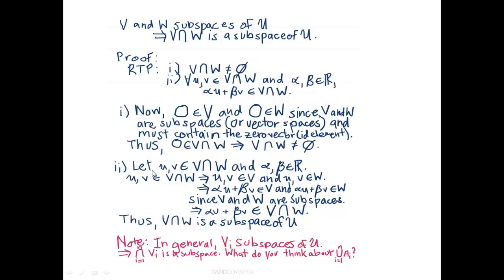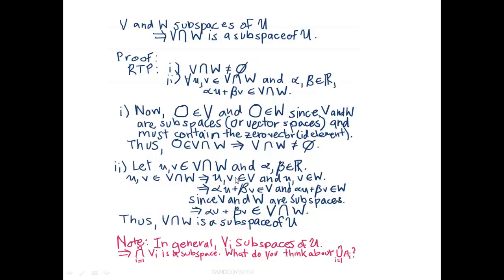Number two, let u and v be elements of V intersection W and alpha, beta be real numbers. Remember, I have to show that alpha u plus beta v is an element of V intersection W. u and v in V intersection W means that u and v are in V and u and v are in W by the definition of intersection.